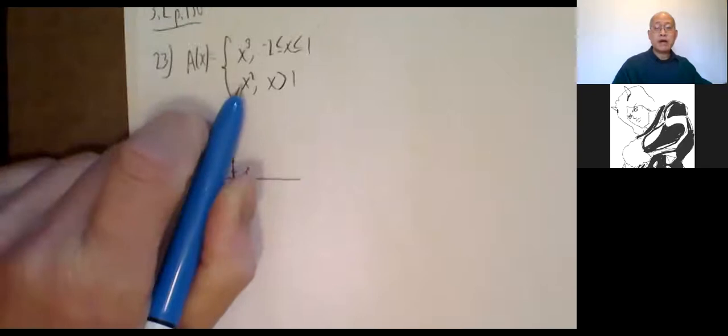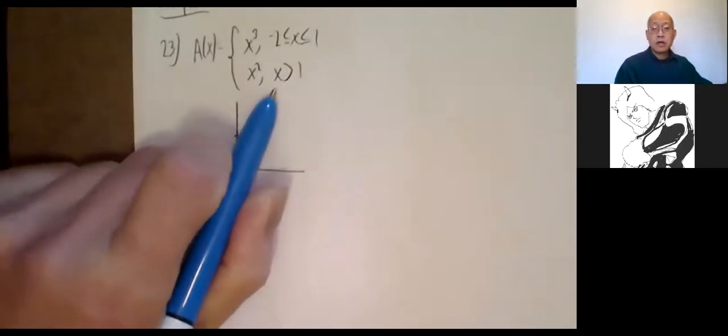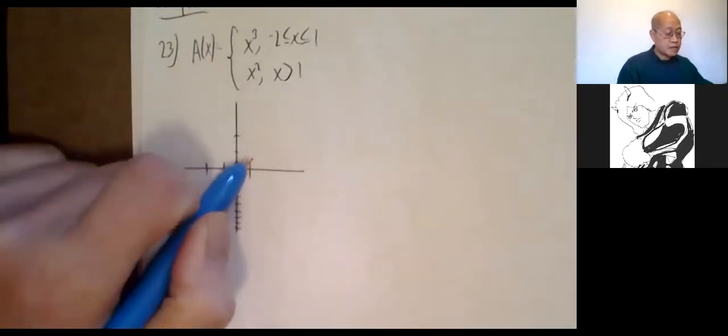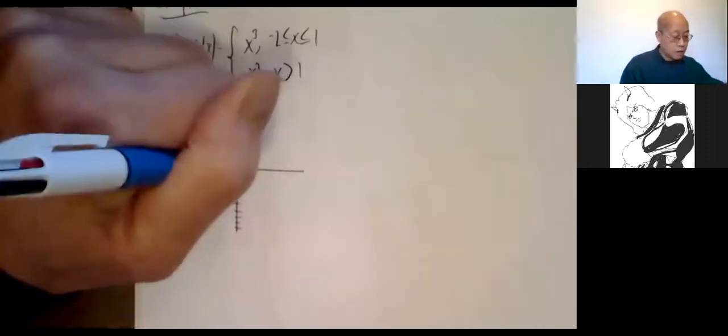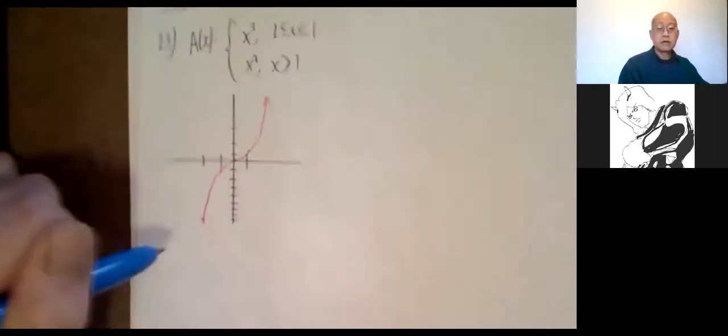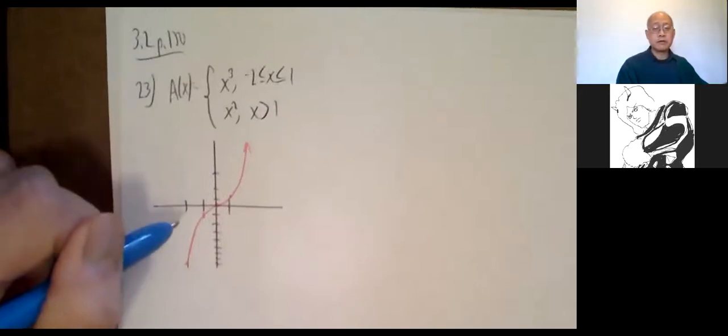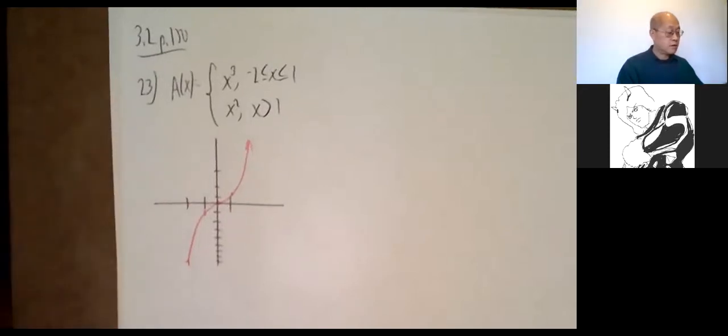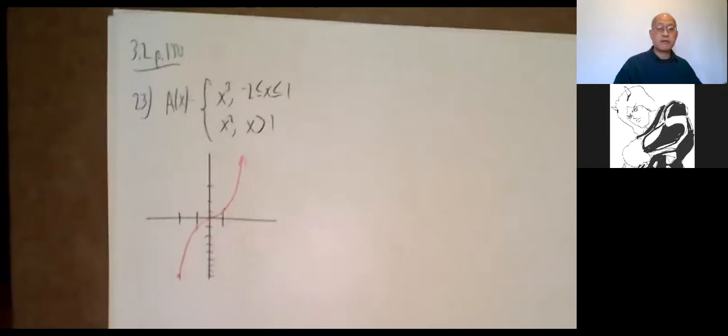Okay, then the rest of the time I have this function. If I were to plug in 1, I'd still have 1, so they touch there. And we know y equals x squared is parabolic, so it just continues up like that. So you can't really tell that much of a difference between the two. And that's what we have there. Okay, so that's about it for that one.